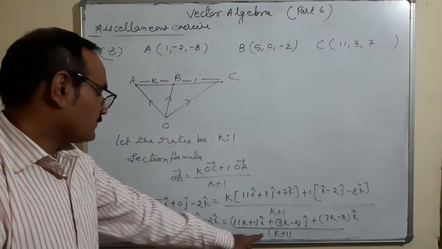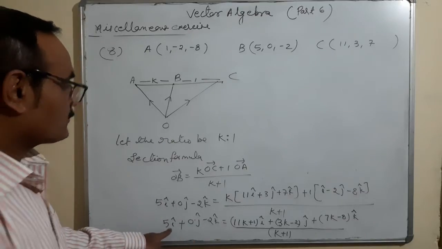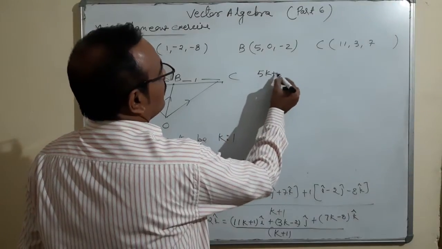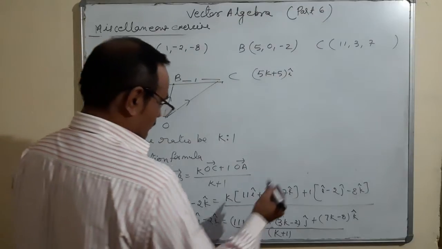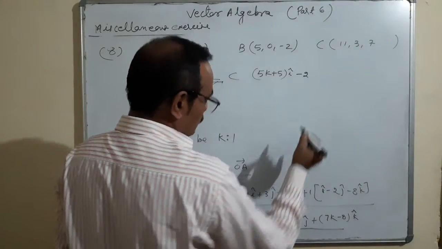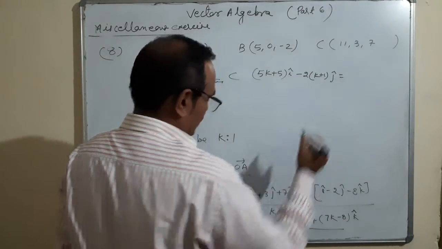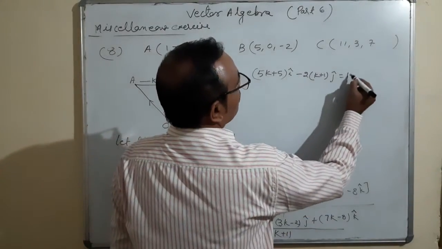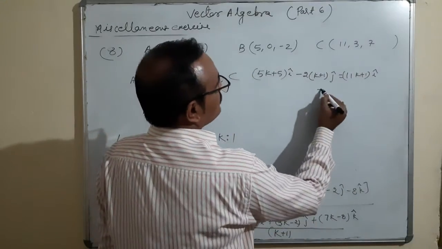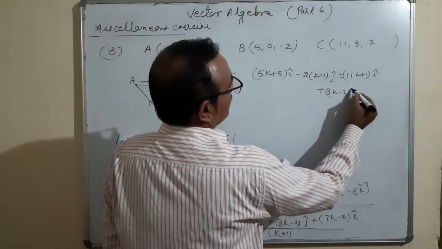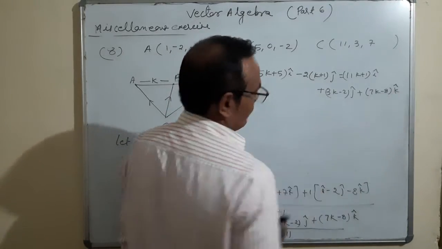This k plus 1 will be shifted here, and it will be multiplied to all the terms. So it is 5k plus 5 with i, 0 with j, minus 2 times k plus 1 with k, is equal to 11k plus 1 with i, plus 3k minus 2 with j, and plus 7k minus 8 with k.